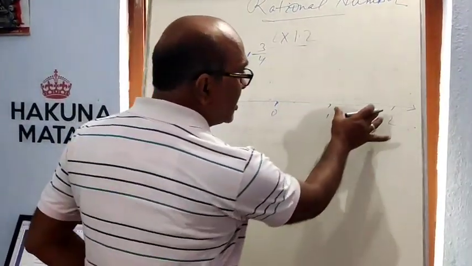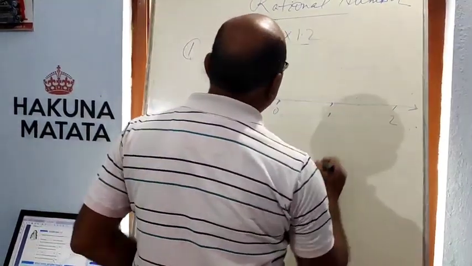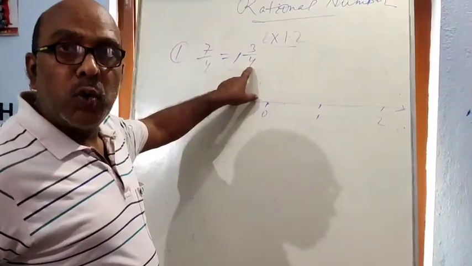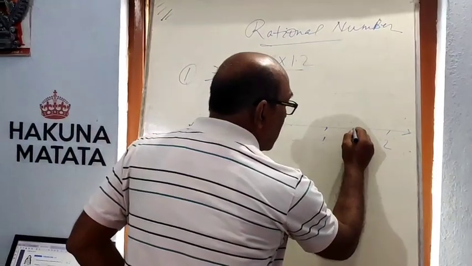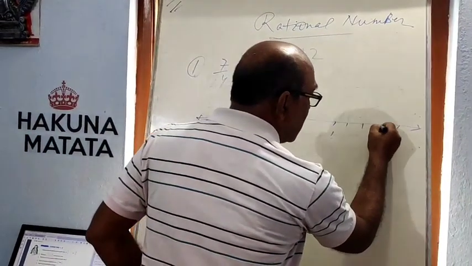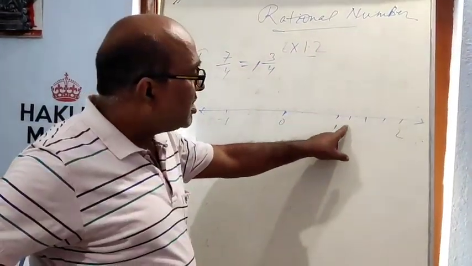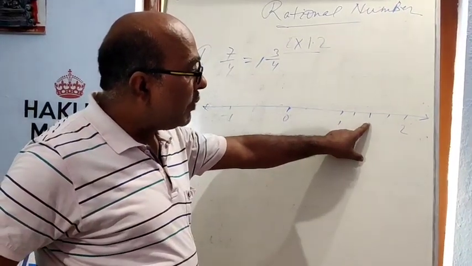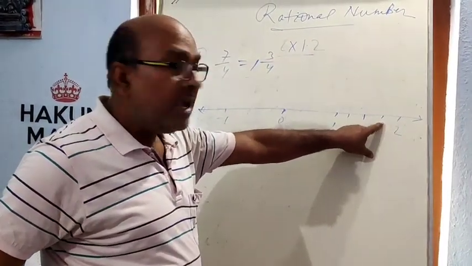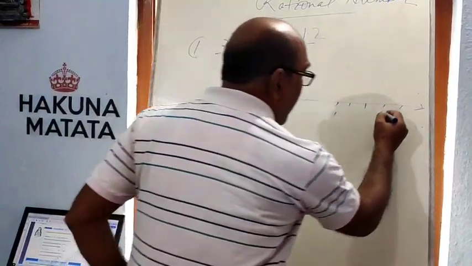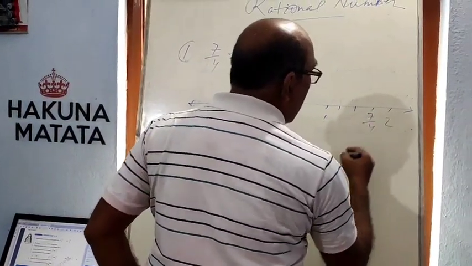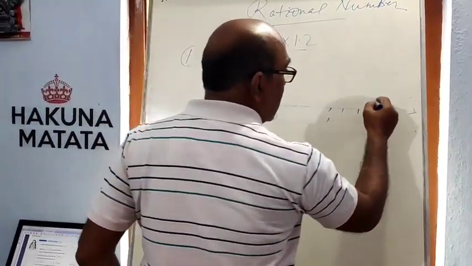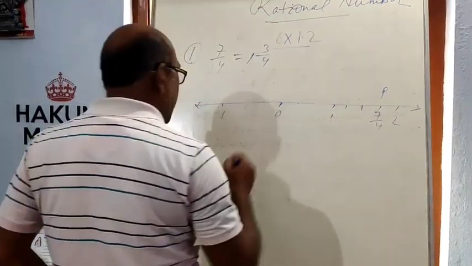We divide this distance into 4 equal parts, since in the denominator there is 4. 1, 2, 3, 4. And this is one integer 1 by 4, one integer 2 by 4, and one integer 3 by 4. It means 7 by 4. And this point represents 7 by 4. And name this point as P, Q, R, S, any point.